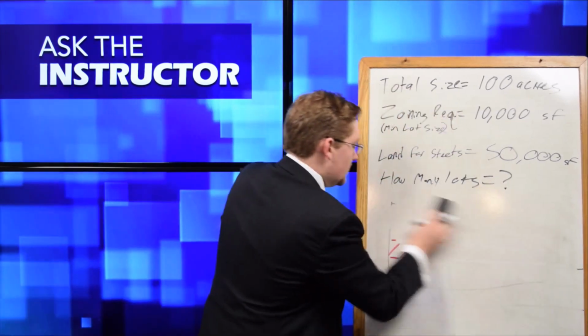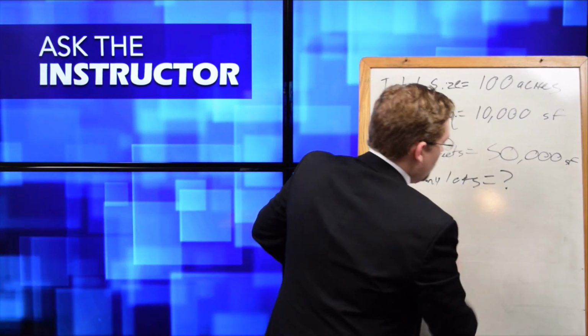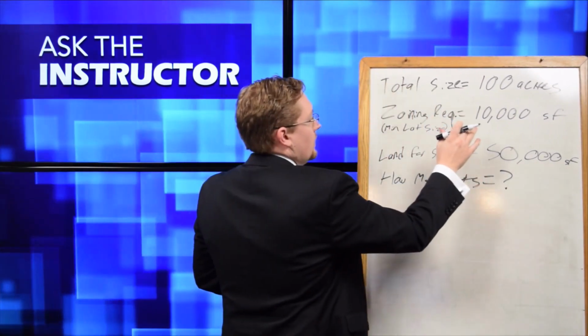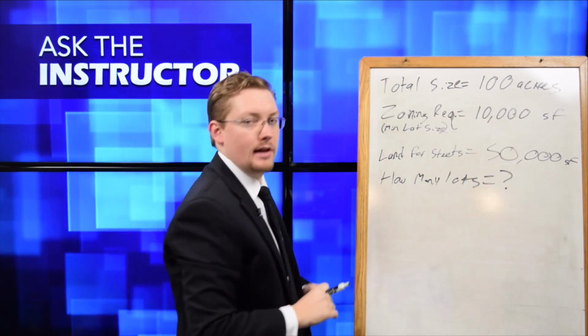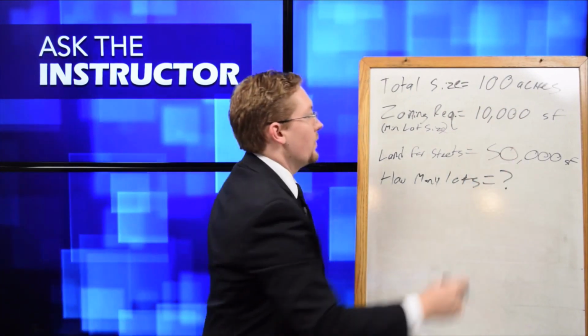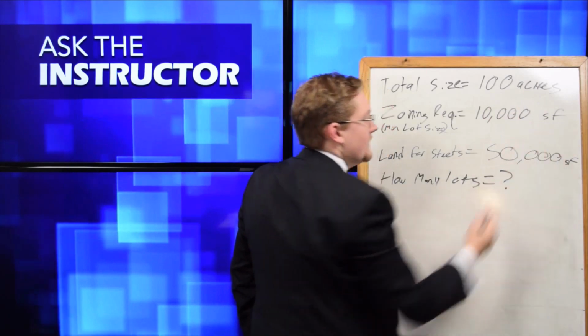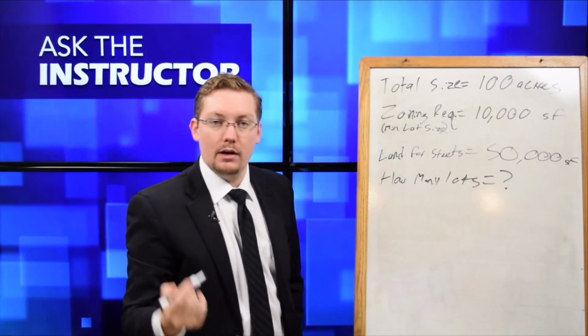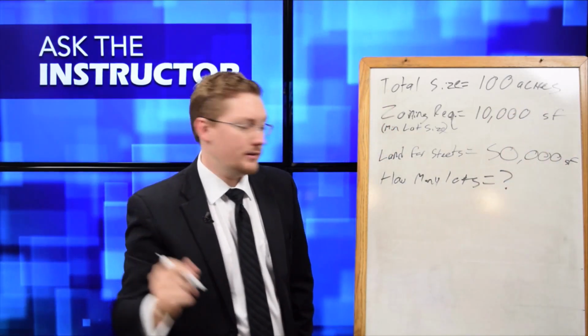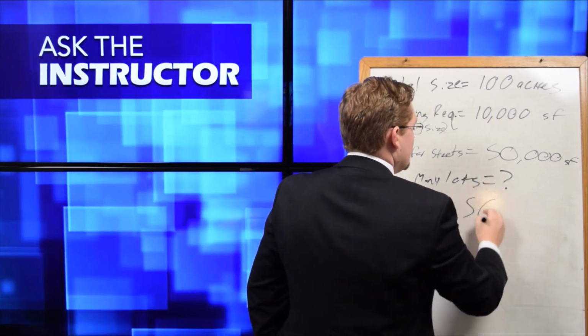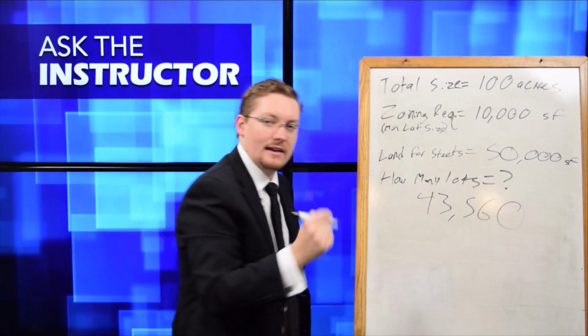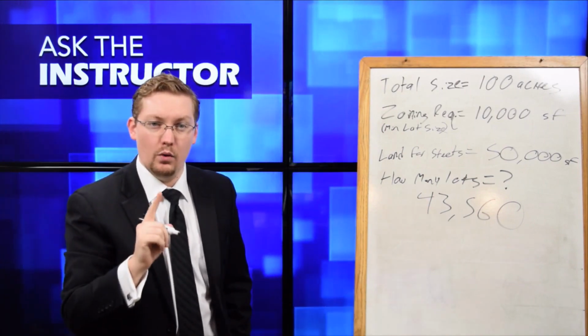So to put the math with that, what we're going to do is take our total 100 acres and take out 50,000 square feet of land. But as you can see here, we're in different units. We have 100 acres and now we have square feet. So what you want to remember is how many square feet there are in an acre, which is 43,560. We have 43,560 square feet in one single acre.